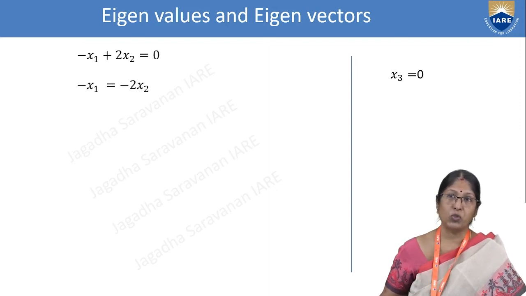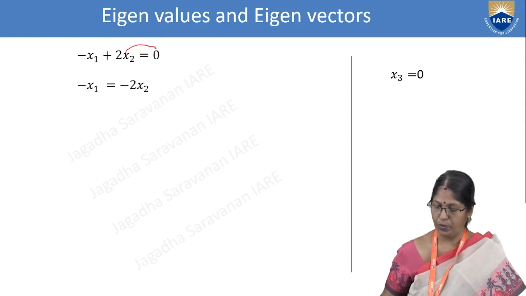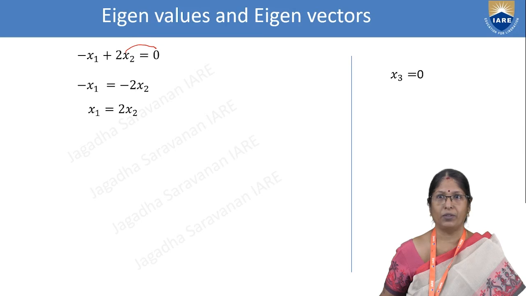So minus x1 equal to, we brought this side, it has become minus 2x2. Both the sides, negative sign is cancelled. We are getting x1 equal to 2x2.